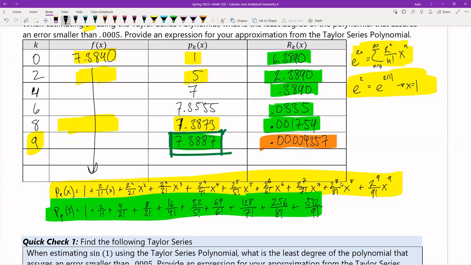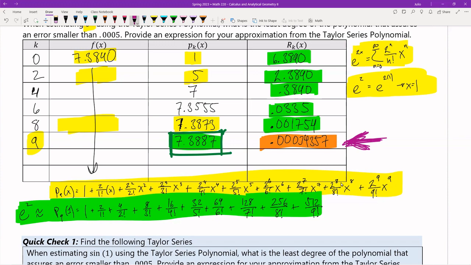This is an approximation to e squared, and this approximation is off by just 0.0003. It is off by only that much. So that's why this is so profound.